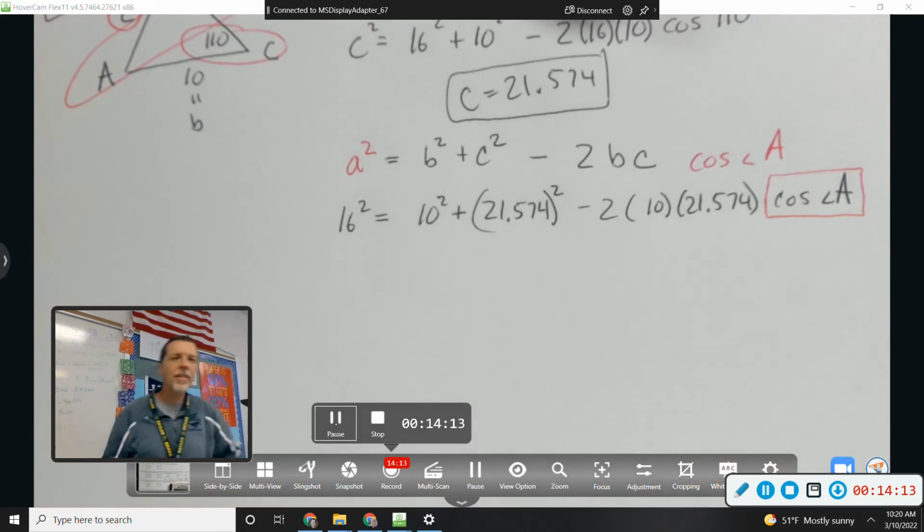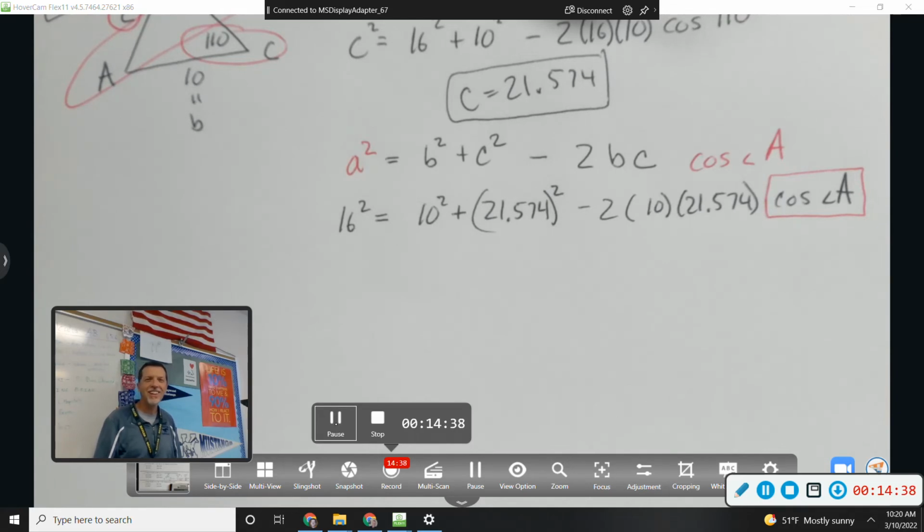Okay, algebra is going to be the downfall of some of you here. I want to get cosine of angle A by itself. So what should I do first to start to get cosine of angle A by itself? A lot of numbers there. Move what over? Move it over.